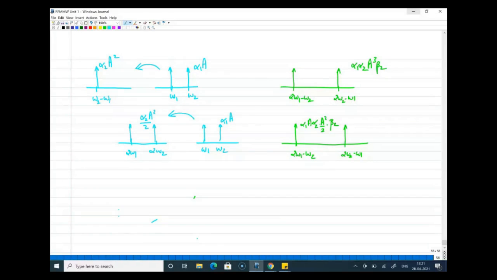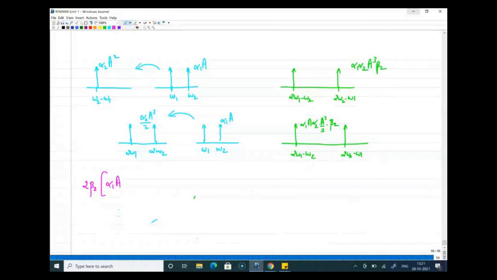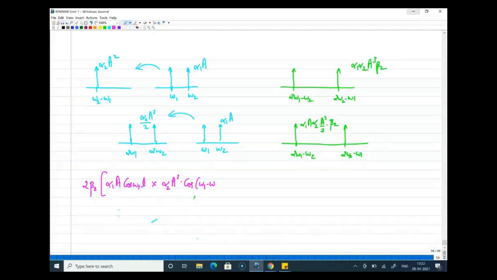Or I can just write the mathematical equation here for you to have a better understanding. So it is 2 beta 2 into alpha 1a cos omega 1t into alpha 2a square into cos (omega 1 minus omega 2) t.